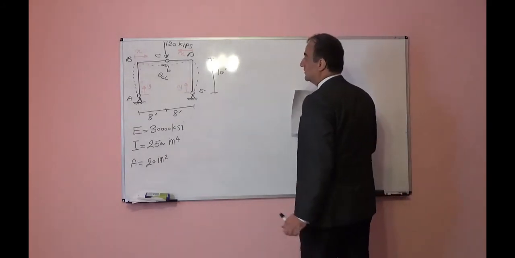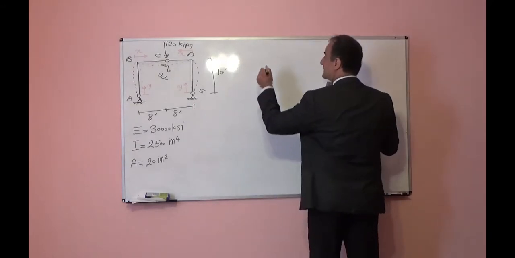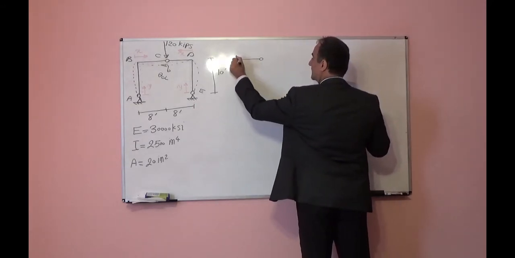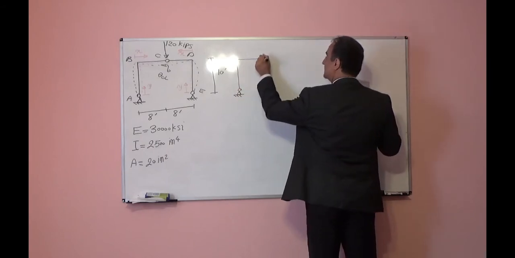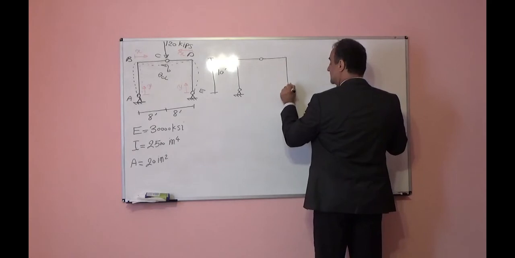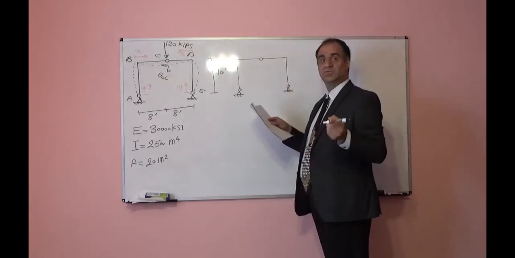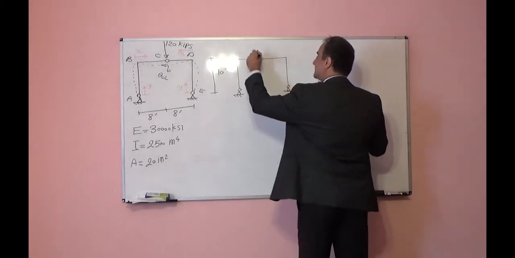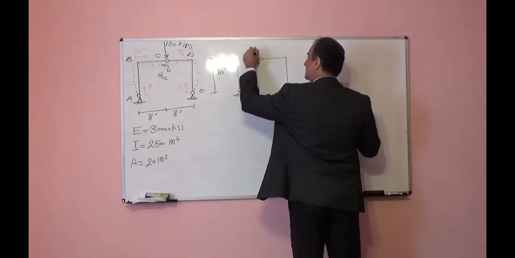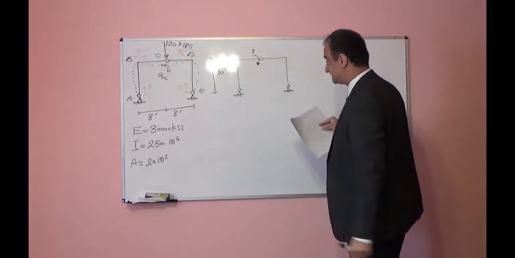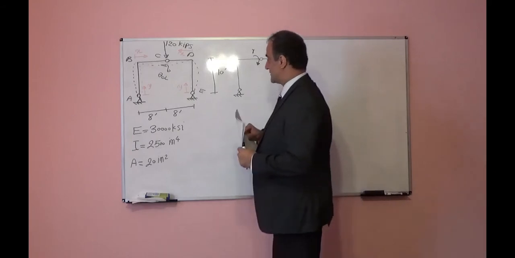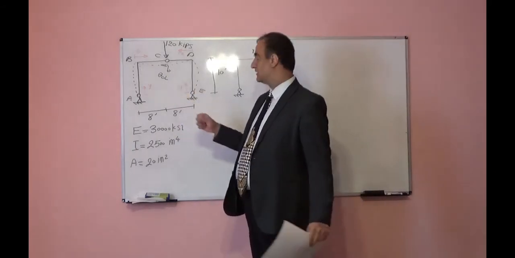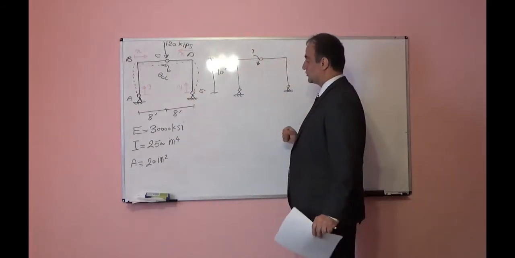Let's look at this frame, because we want to find the slope at the left side of C using the virtual work method. For the slope, I will apply a unit moment at the left side of support C. First step, I should find reactions in this frame under real load and in this frame under virtual load.